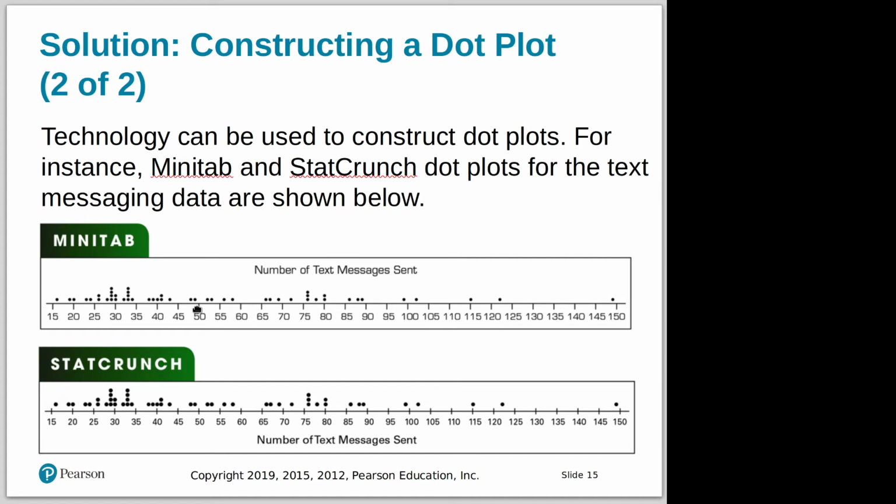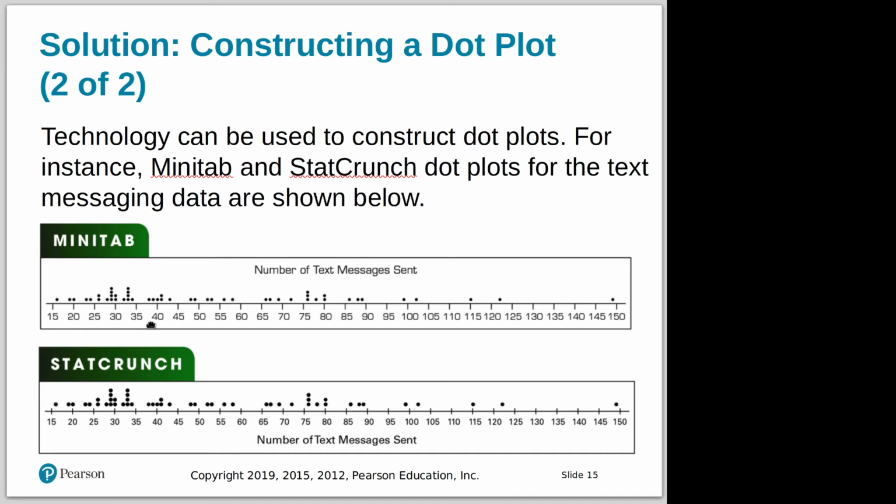The problem with dot plots sometimes is it can smear out data. This second lumping in here is smeared out a little bit more. And we definitely see the heavy distribution over here in the 30s, between 26 and 35, and then a little spike out here. But there's a dot for each number coming across.